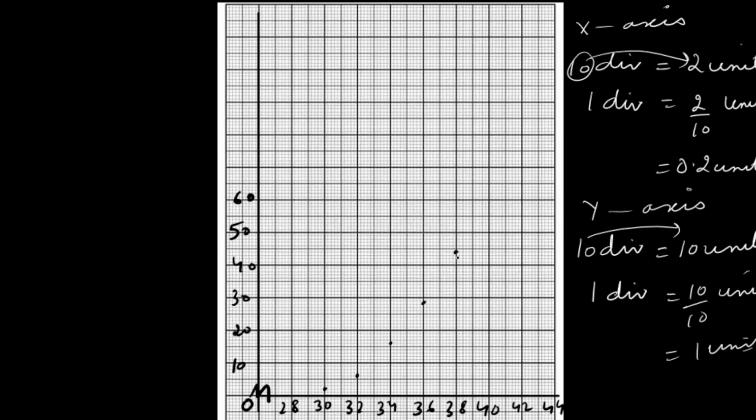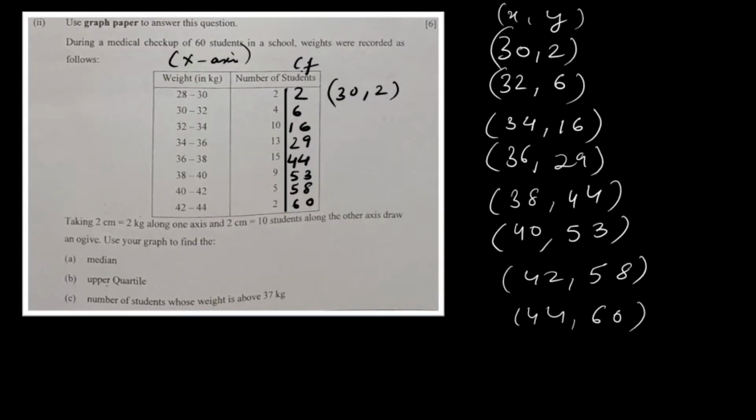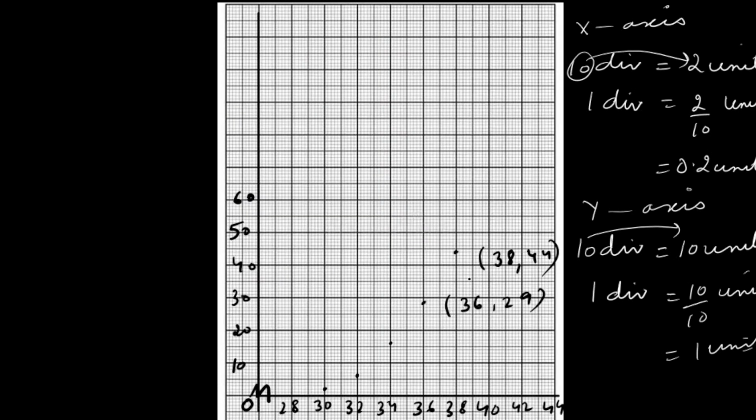You should write the points on the graph also. Because of less space I am not writing, but make sure you write the points. Like this point is 38, 44, and this point is 36, 29. Now 40, 53, which is 3 units above 50.